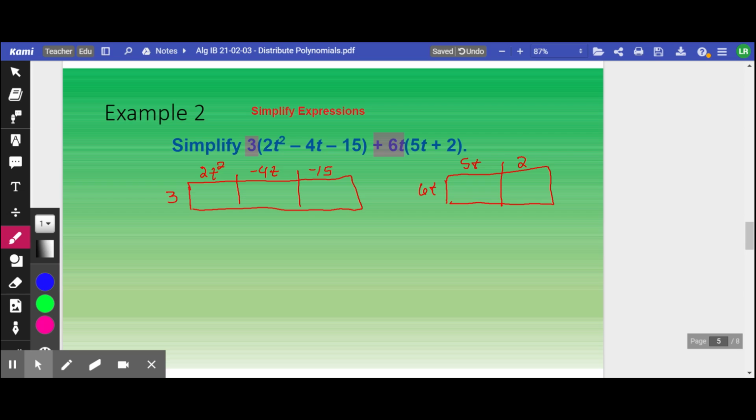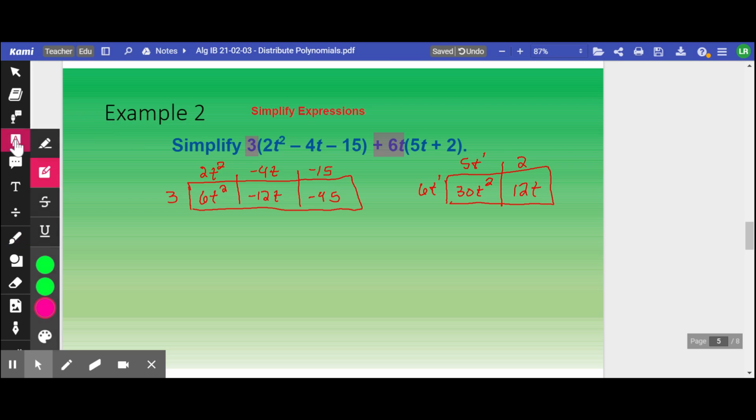Then I need to make sure I distribute correctly. 3 times 2t squared is 6t squared. 3 times negative 4t is negative 12t. 3 times negative 15 is negative 45. My second one, 6t times 5t: 6 times 5 is 30. And then remember, t times t, we have to add the exponents. That becomes t squared. 6t times 2 would be 12t.